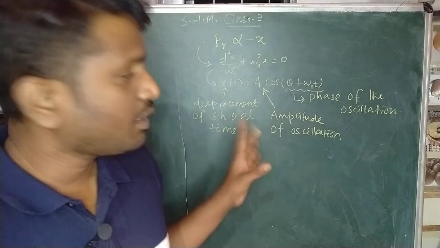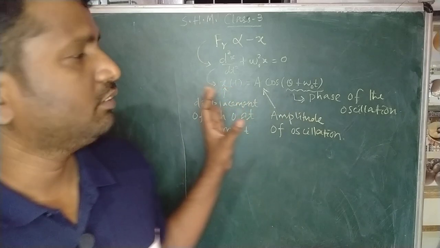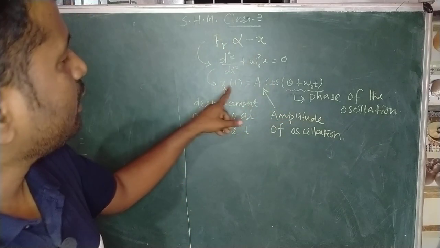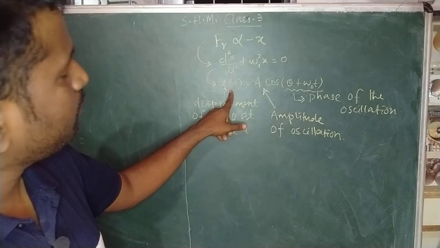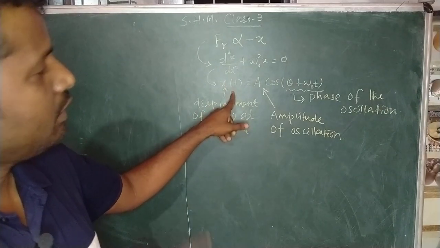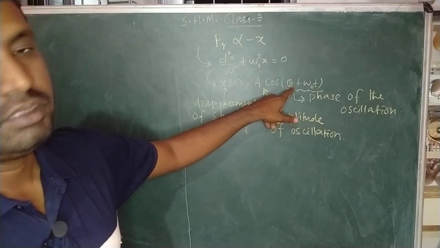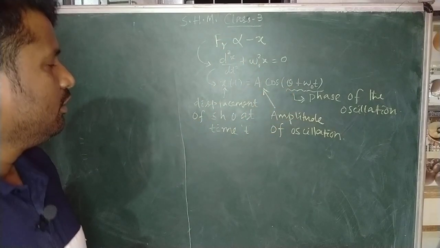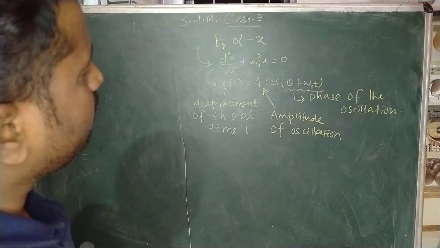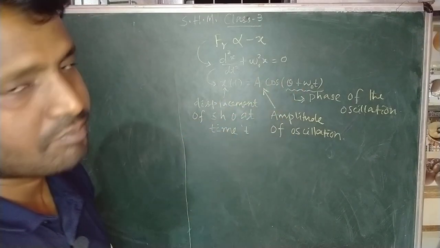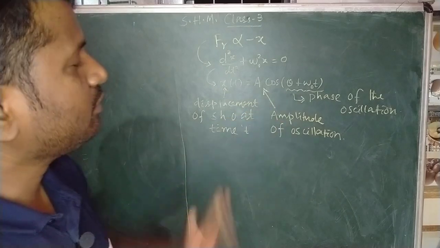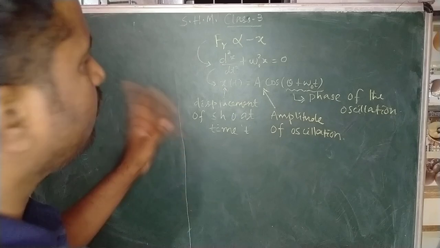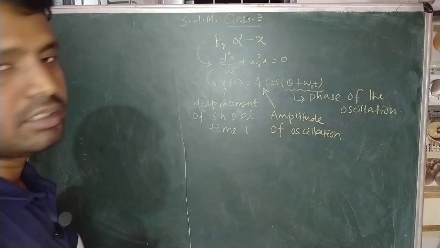This is our phase of the oscillation, and this is the argument of the cosine function. The position of the oscillator can be known from the argument of the cos function. We analyze these parameters to get some detailed information about our simple harmonic oscillator.